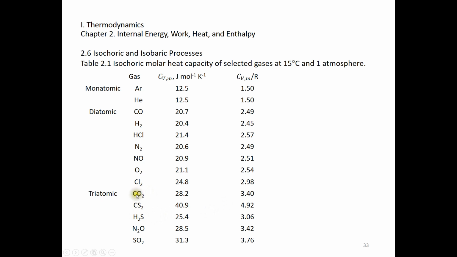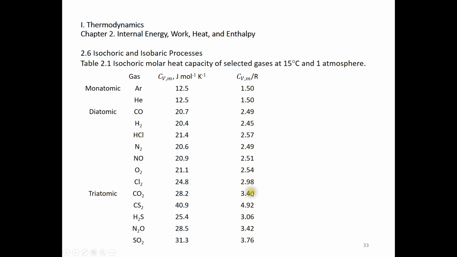The carbon-oxygen bond angle is supposed to be 180 degrees, but if you heat it up, linear CO2 may undergo bending motions, and the CO2 molecules can absorb heat to speed up the bending motion. So it needs to absorb more heat. Therefore, this is more than 2.5 R.